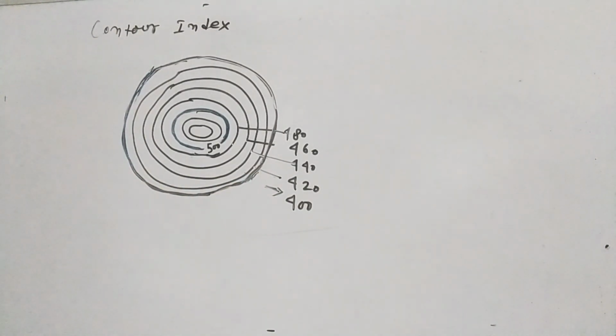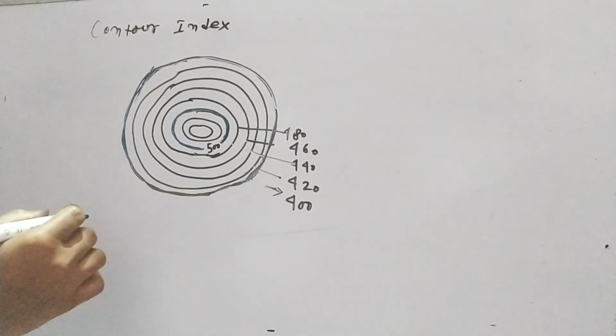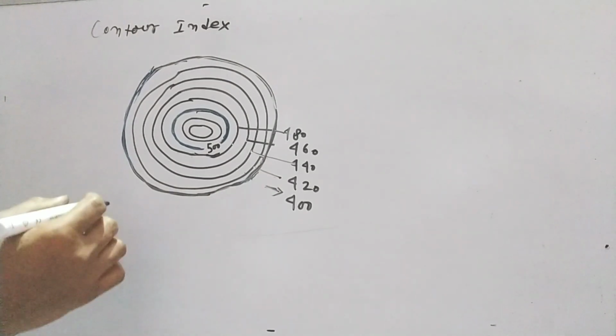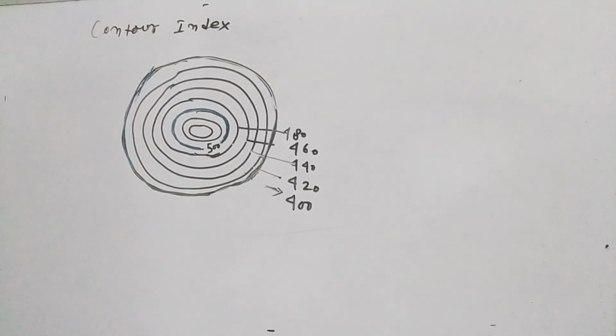Actually, contours and contour lines are used in topographical maps to show or represent the height, right? To represent the height. How?